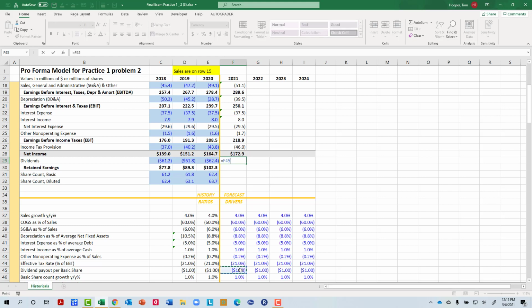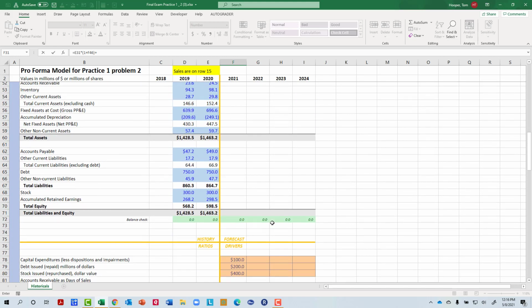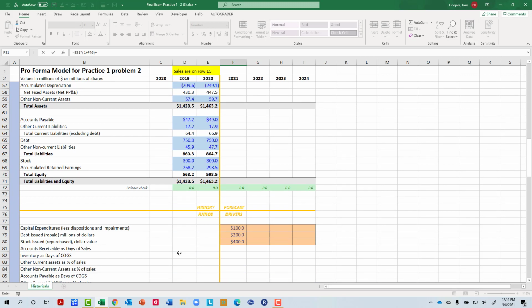dividends at $1 per share. We don't have any shares yet, but we will in a moment. Those shares are growing. Oh, growing at 1 plus this percentage. But we also need to pick up any shares that we add. If I invest, let's see, down in row 80, stock issued.